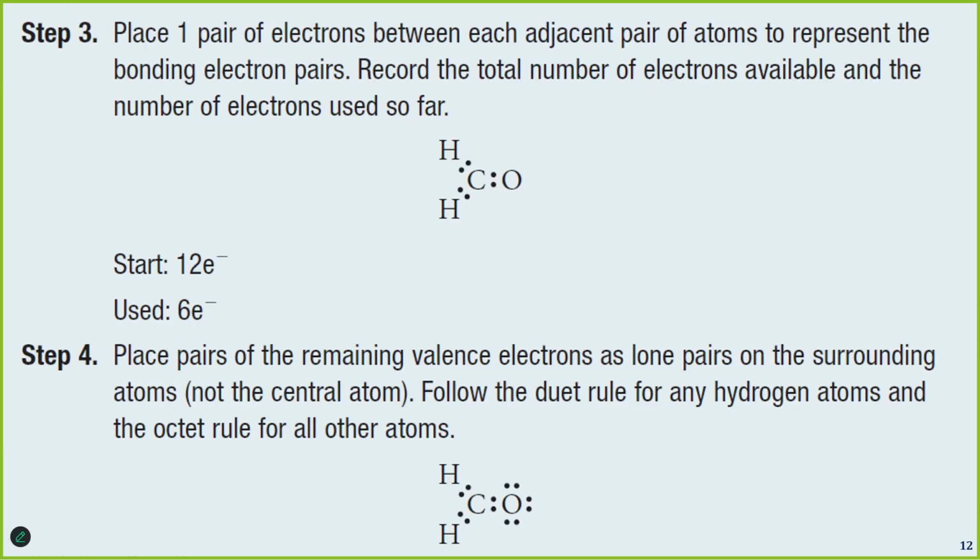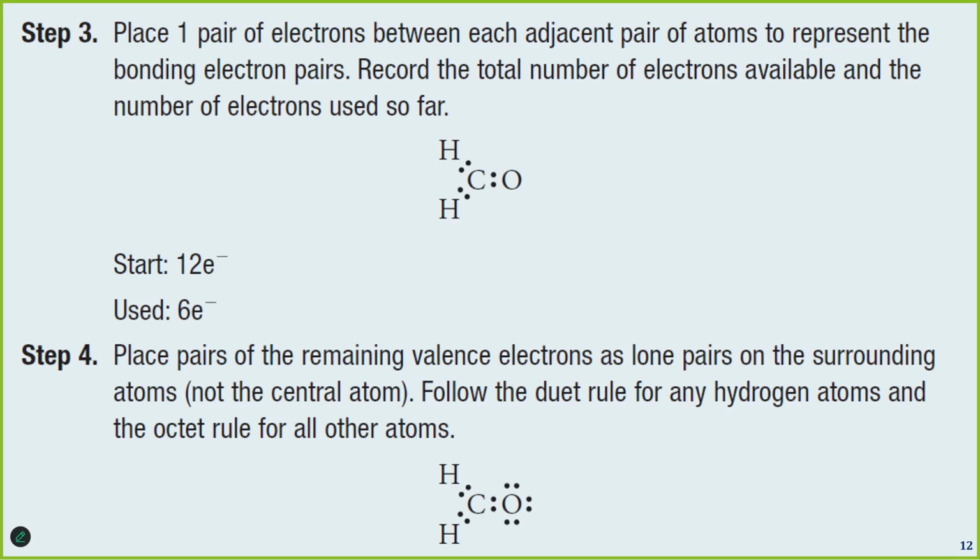Then step 3, we can place 1 pair of electrons between each adjacent pair of atoms to represent the bonding electron pairs. Record the total number of electrons available and the number of electrons used so far. So we have used 1, 2, 3, 4, 5, 6, and then we have 6 electrons remaining, right?